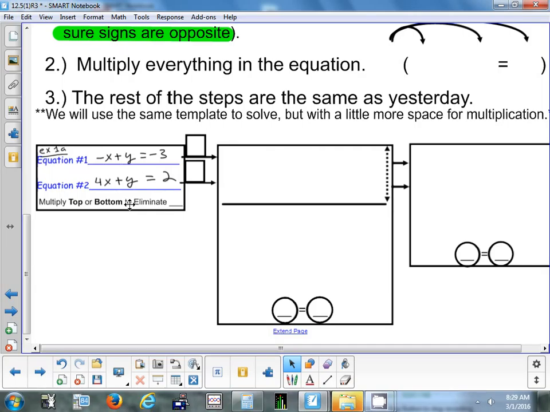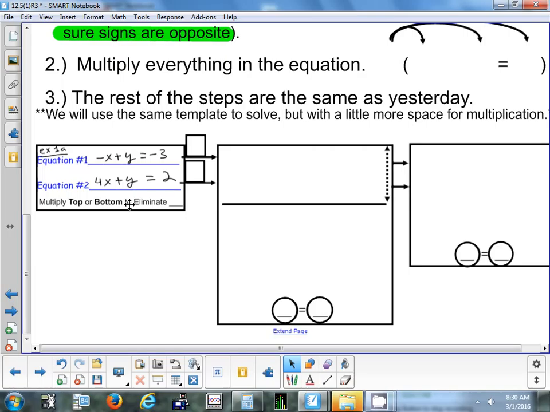The first bullet under identify the variable. Careful. Multiply by -1. All right, so Victor, which one do you want to multiply by -1? Top or bottom? Top. You can do either one. So, see the little information down here, this little hint?